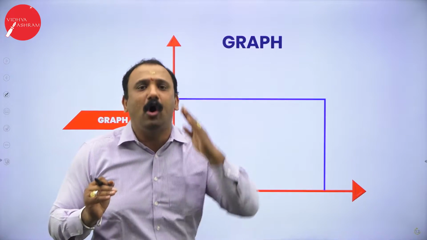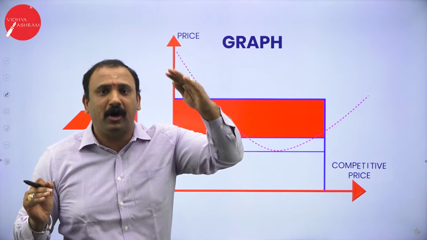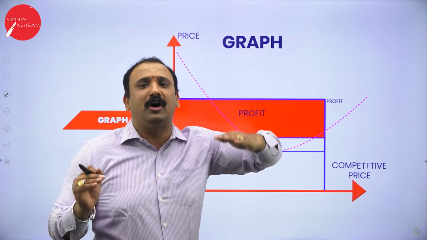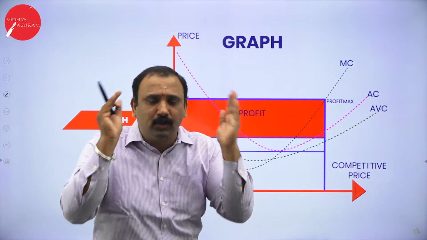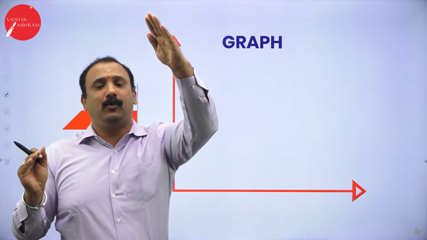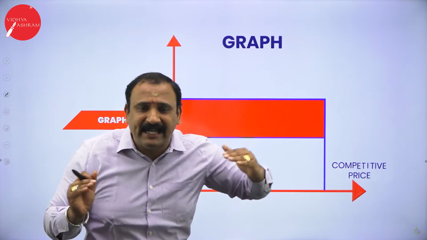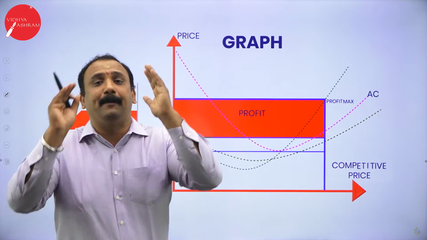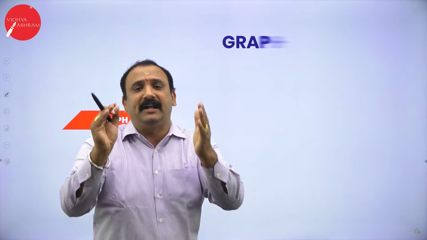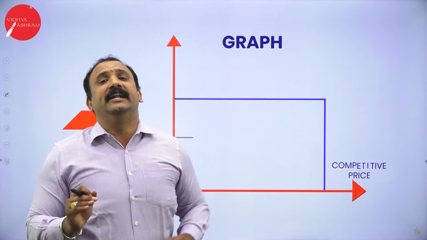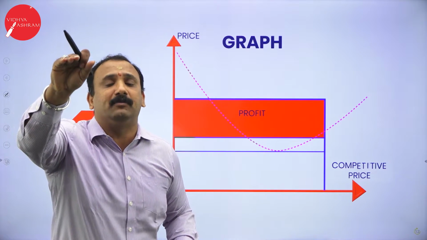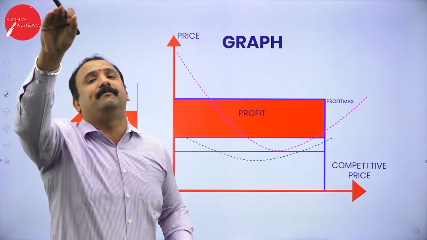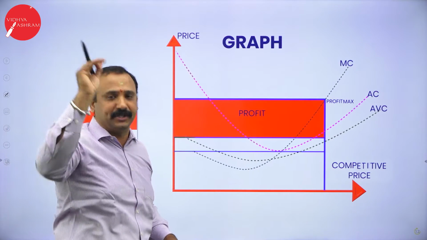The price should go above the cost, which includes your marginal cost, your average cost, your variable cost and all those factors. So when you are able to manage all your cost and sell at an appropriate price in the market to the consumers, then automatically you are moving towards a profit maximization situation.